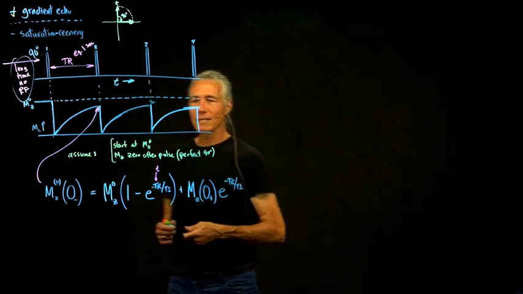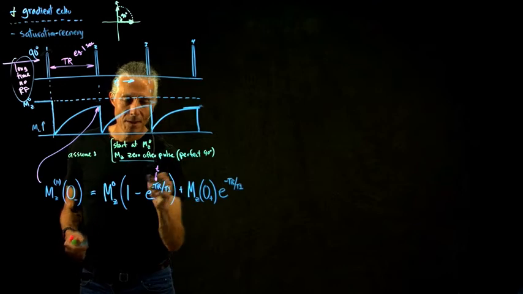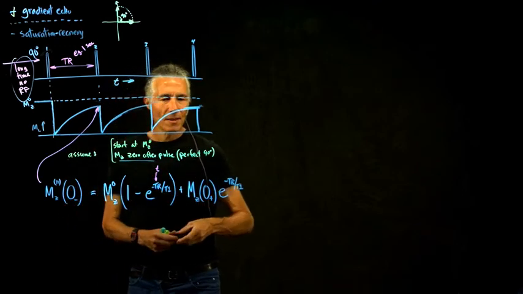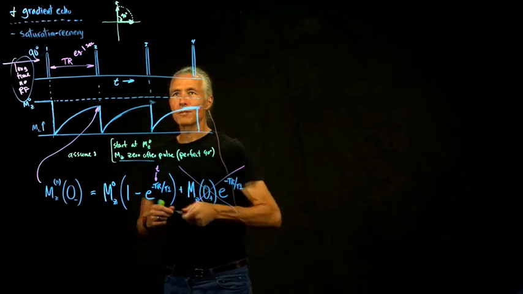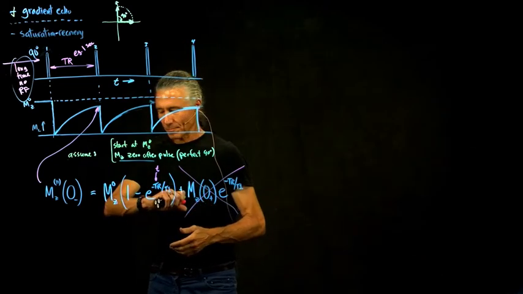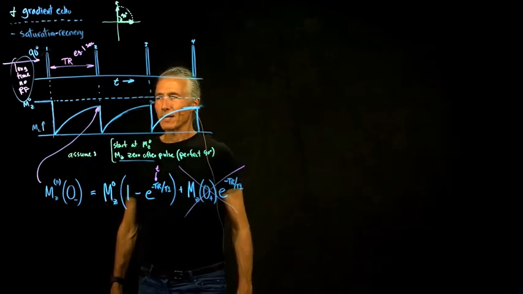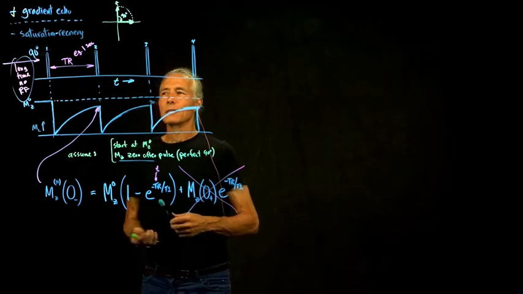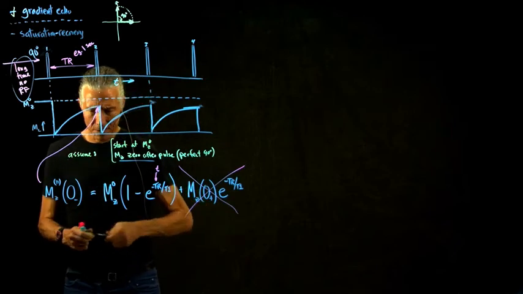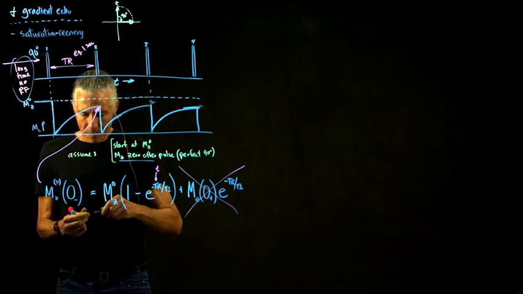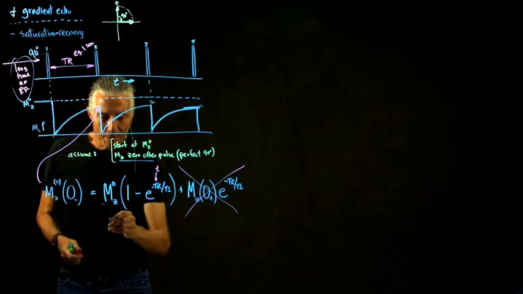But we just made this assumption right here, and so that means we can cross this guy out, because we're assuming we have a perfect 90-degree pulse. So this is our end result right here.